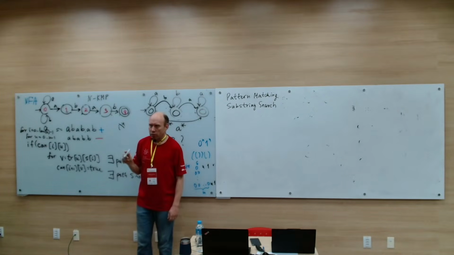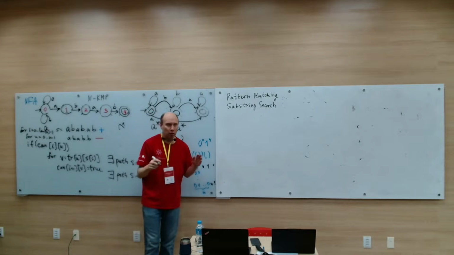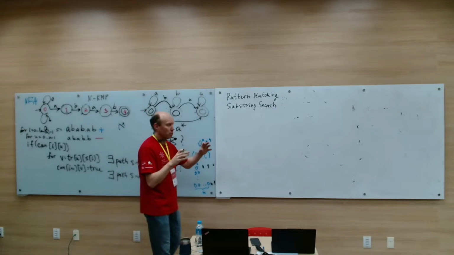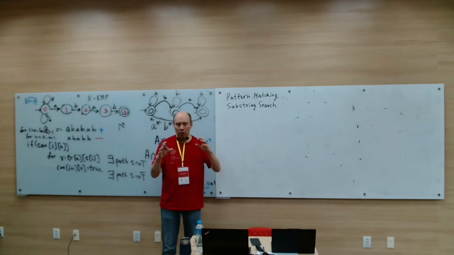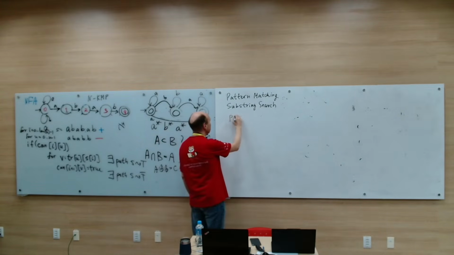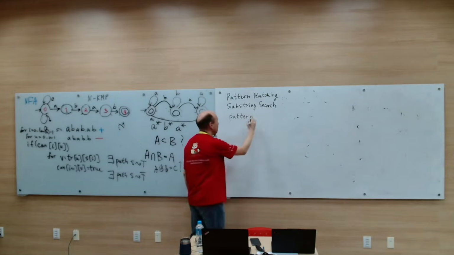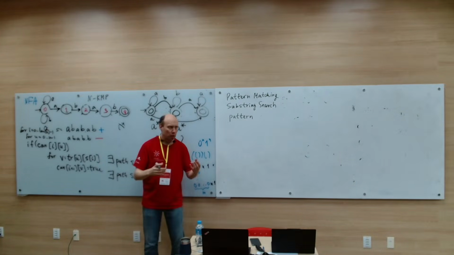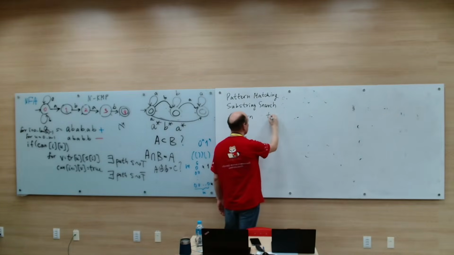The overview is the following. First of all, you have two sides of this problem. One side is pattern. Pattern is the string that you are looking for as a substring. And the other side is text.